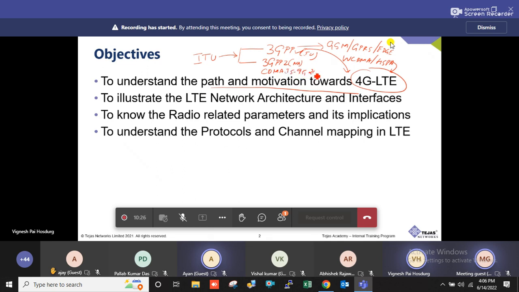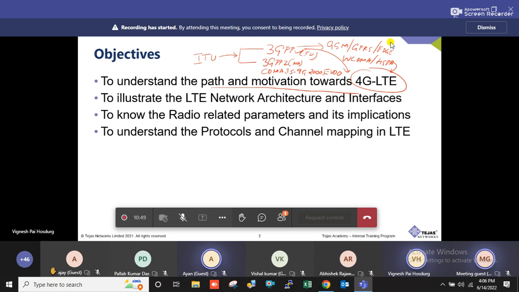Then they moved towards CDMA 2000, and then data services, which is EVDO, Evolution Data Optimized. I hope you're all familiar with these standards and all the full forms. Please let me know if you have any doubts regarding this.